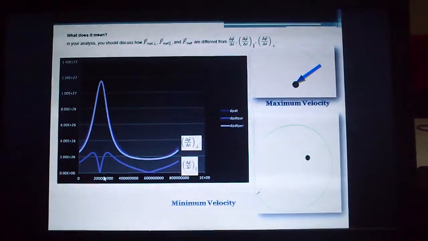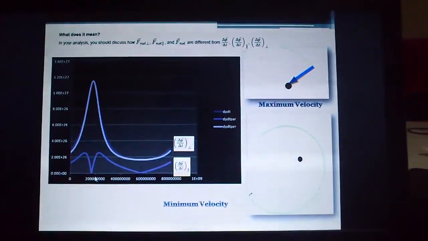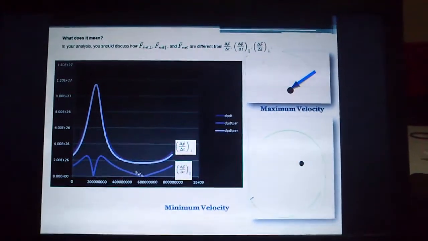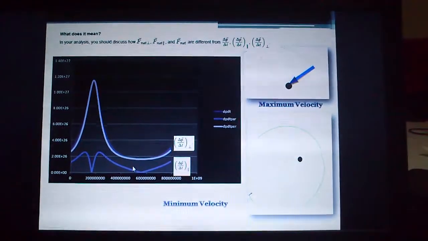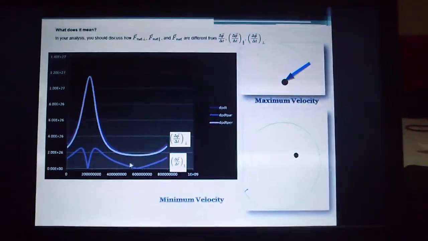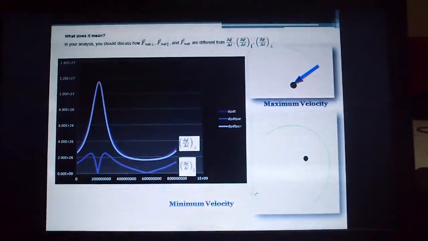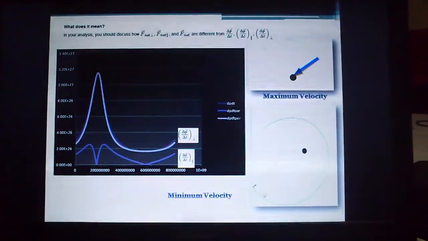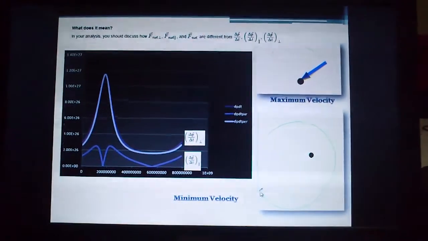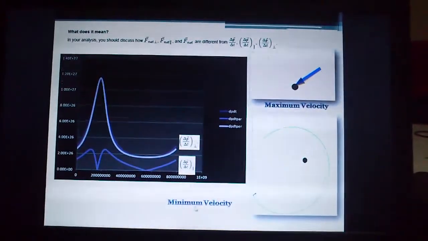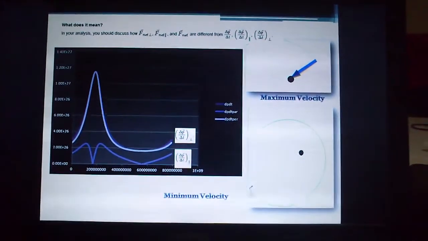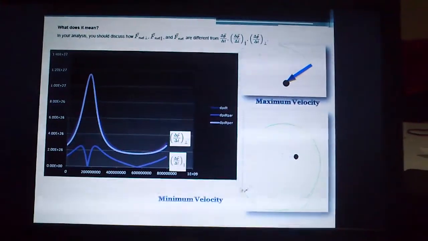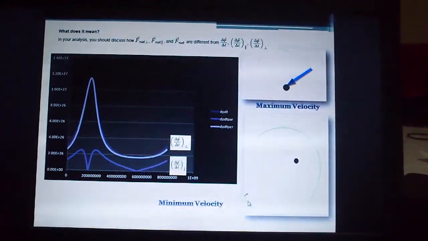When the star is far from the black hole, the osculating circle has a greater radius, and for this, the value of the perpendicular momentum is getting smaller. That is in this part. Because the osculating circle has a greater radius, we have a minimum velocity. The velocity of this star is decreasing.